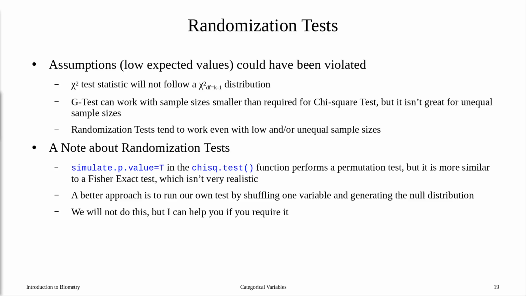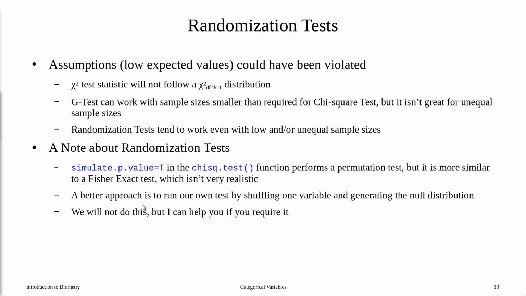So a better approach is to avoid this chi-square.test option and do our own randomization. Our own randomization would involve taking one of the variables and shuffling it to generate our own null distribution. Then we save that G or chi-square test statistic and repeat it over and over again to get our null distribution.